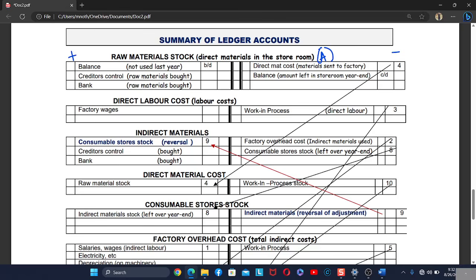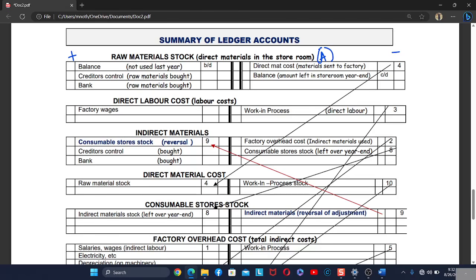Then we have the balance brought down, the opening balance. So not used last year. Okay, so actually here, this is a raw material that was not used in the last year. So now it is going to be the opening balance at the beginning of the financial year, right?